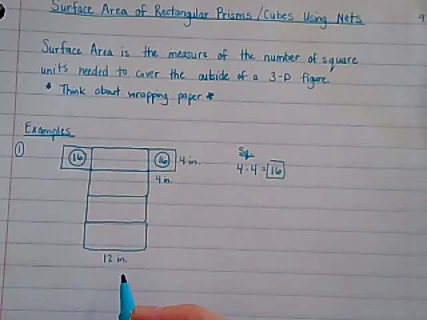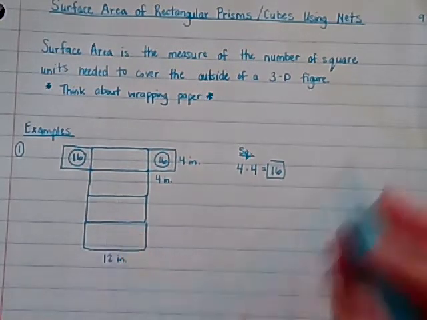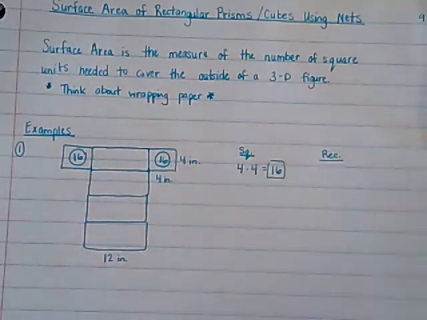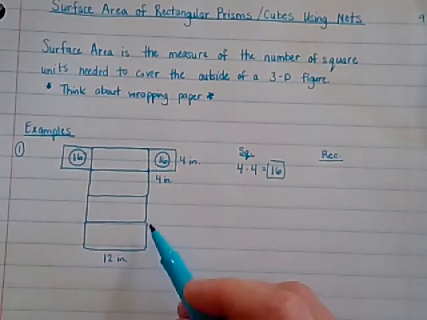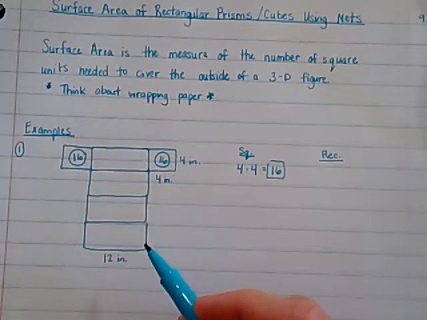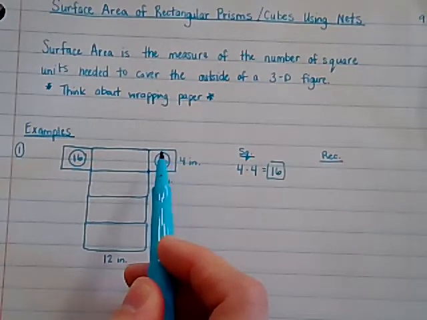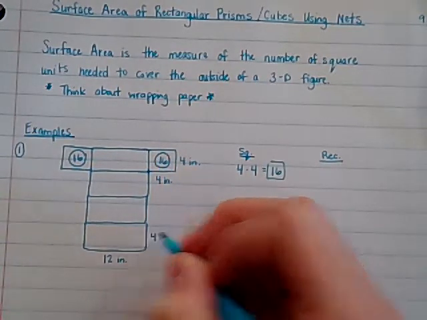But I need to find the area of these 4 rectangles. Okay? So I'm going to put this over here. These are my rectangles. Remember, for a rectangle, it's still length times width, so I just need 2 numbers. Well, I can clearly see that this long side is 12, but what's this short side going to be? Think about it. When it folds up, it's going to be in line with this side right here. So this side right here has to be 4.